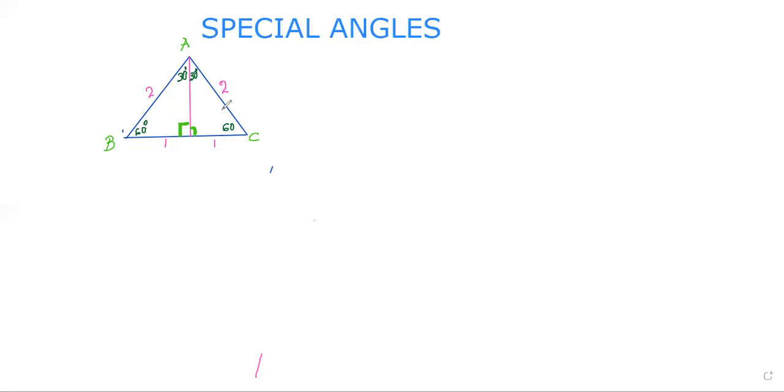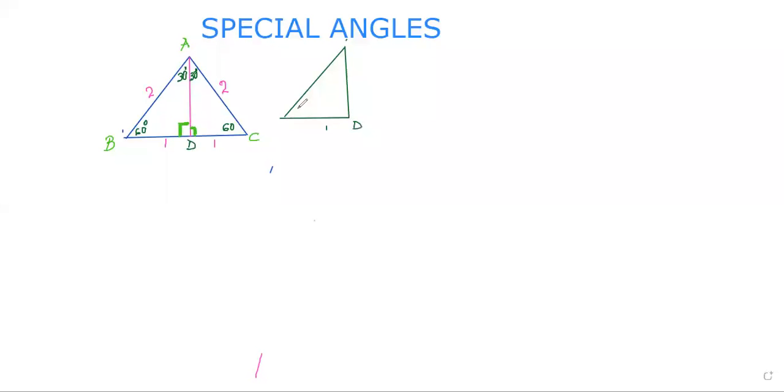Now, if you look at triangle, let's call this D. If you look at triangle ABD, triangle ABD can be drawn as this. That is your D there.